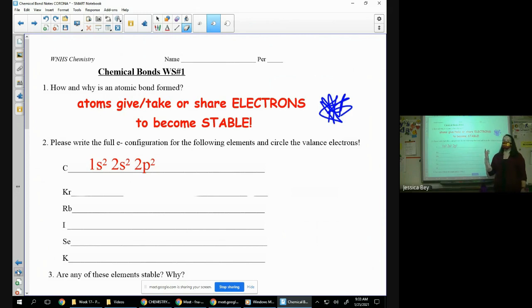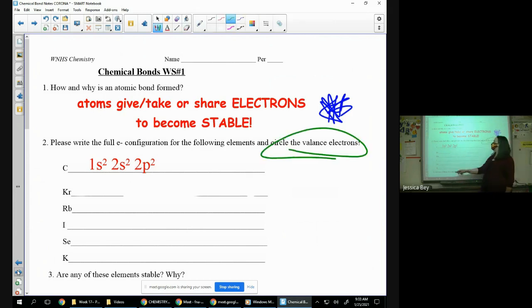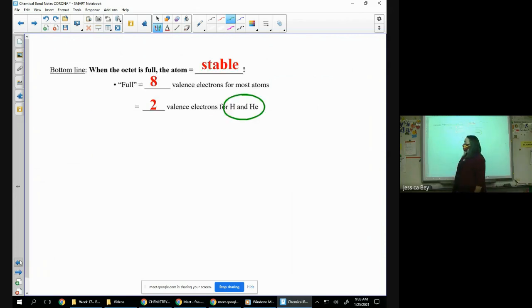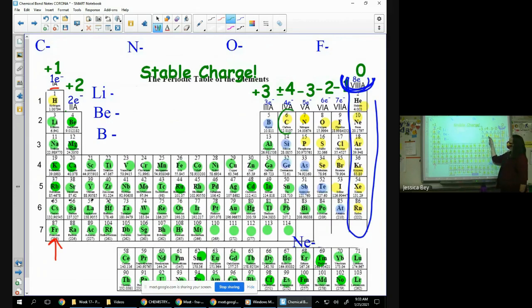What is the higher number, 1 or 2? Very easy. 2. So if it asks you to circle the valence electrons, you're circling these bad boys, correct? How many valence electrons does 2 and 2 add up to? 4. If you don't believe if you're right or not, you can always check yourself. Carbon is in group 4. You were right.